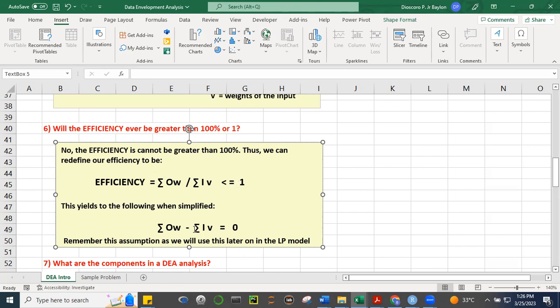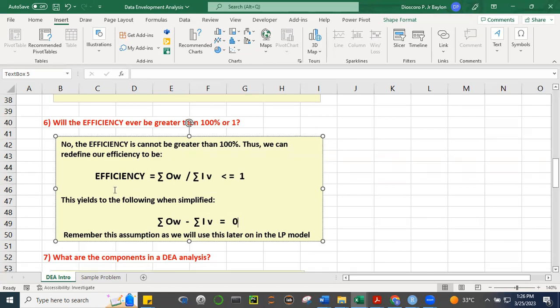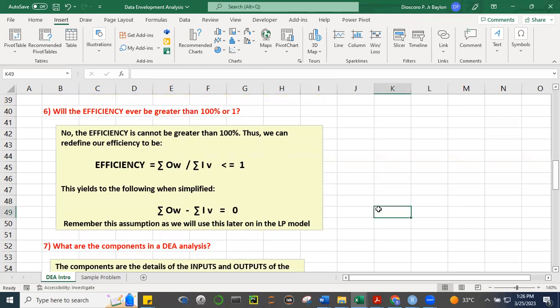If this is the case, we can simplify this equation and make it weighted output minus weighted input equal to 0. This is one of the constraints of DEA. Sorry, this is wrong. This should be greater than or equal to 0.